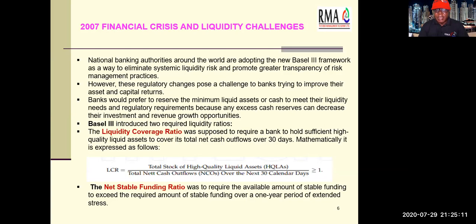The numerator is the available amount. The denominator is the required amount. Then that ratio is funding over a 1-year period of extended stress environment. So these are the two key ratios that are meant to deal with the issue of liquidity.